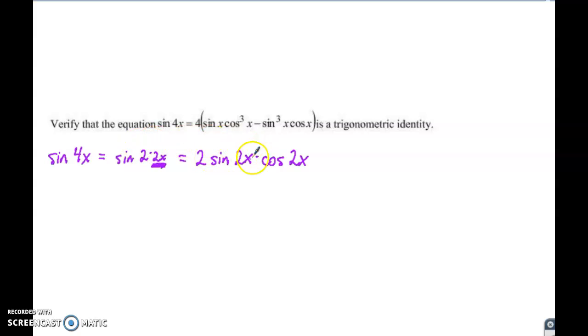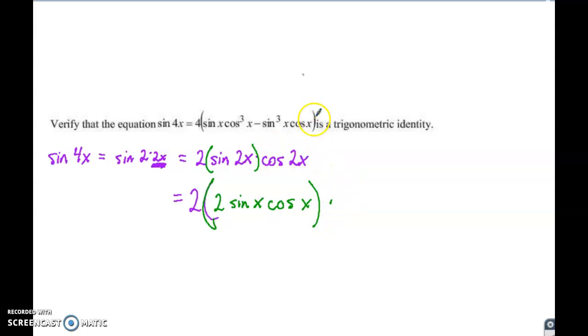So instead of 2 sine theta cosine theta, it's 2 sine of 2x cosine of 2x. So now, let's just concentrate on one thing at a time. Starting with, let me do this in green, the sine of 2x, that's another double angle formula, which would be 2 sine of x cosine of x.